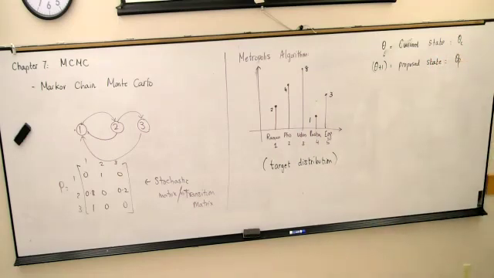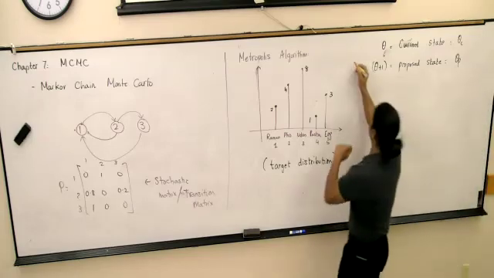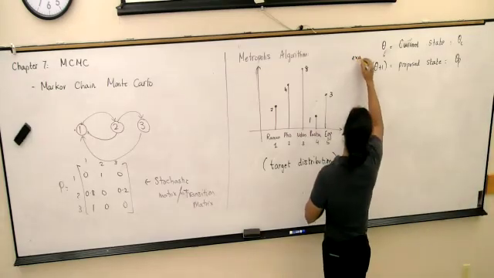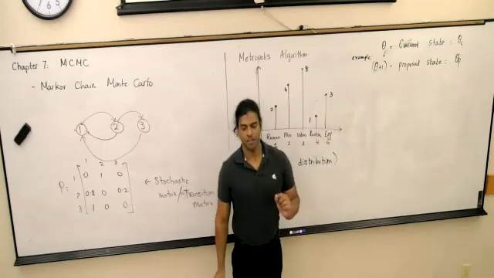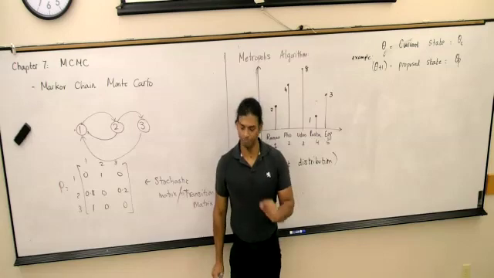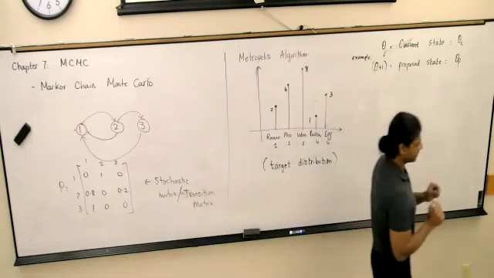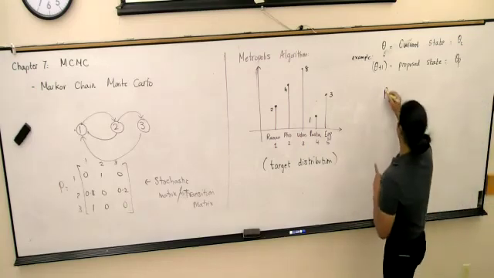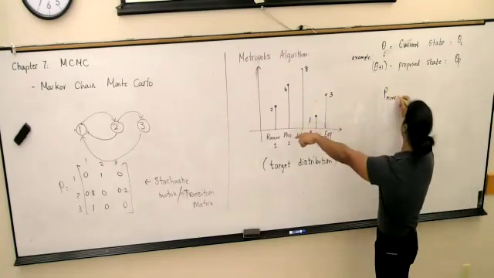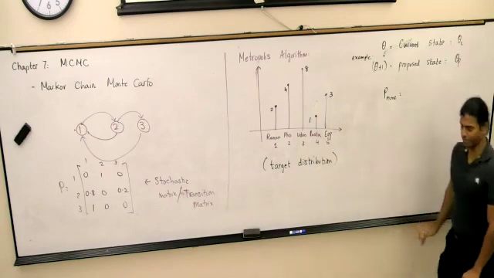Now, of course, the proposed state could be theta minus 1. So this is just an example. It could be theta minus 1. So how do we decide to move? We want to move in a way defined by the target distribution.